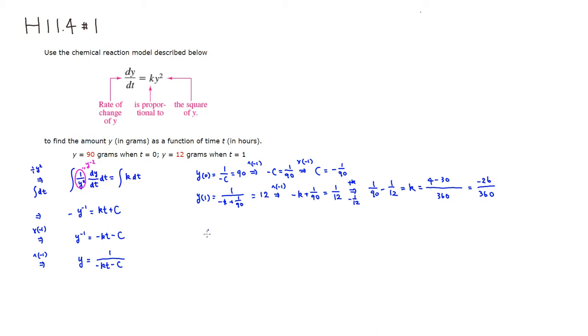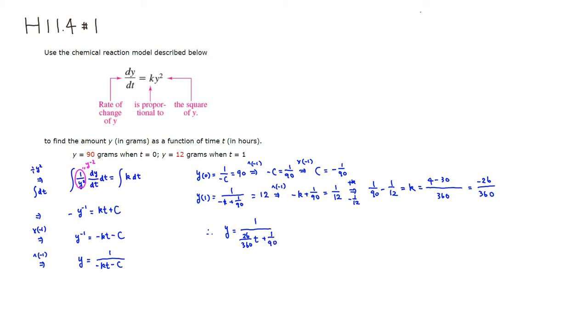So therefore, we have y is equal to 1 over negative k. The k is that guy, so negative k is 26 over 360 t, and minus c, so it's going to be plus 1 over 90.